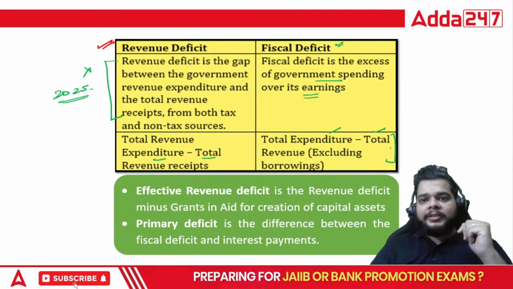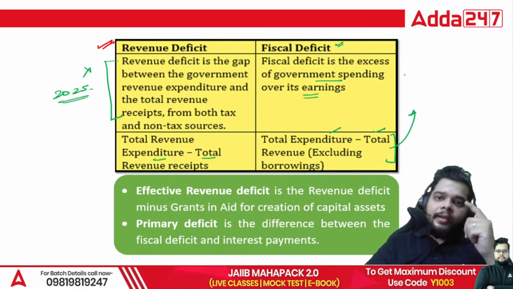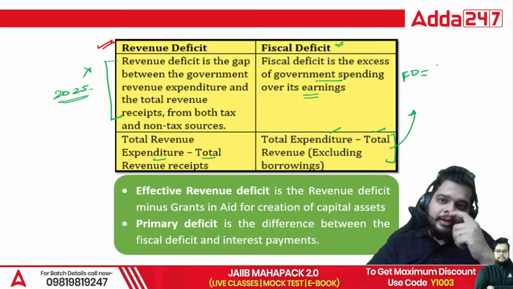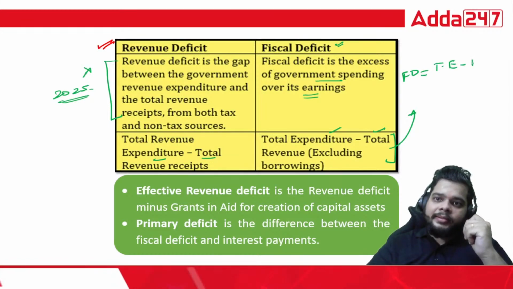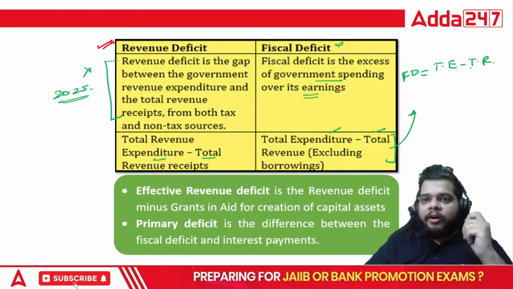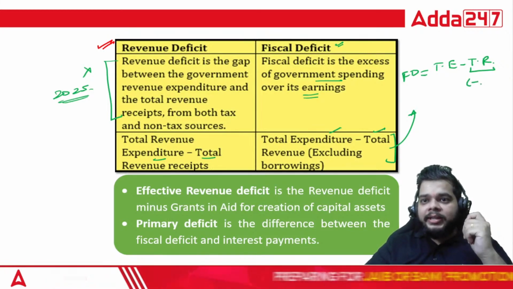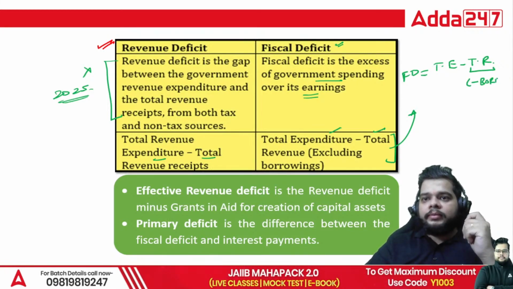But one more aspect we must remember. Fiscal deficit will be equal to the total expenditure minus total revenue, and from this total revenue you have to exclude the borrowings. Okay, always remember this.